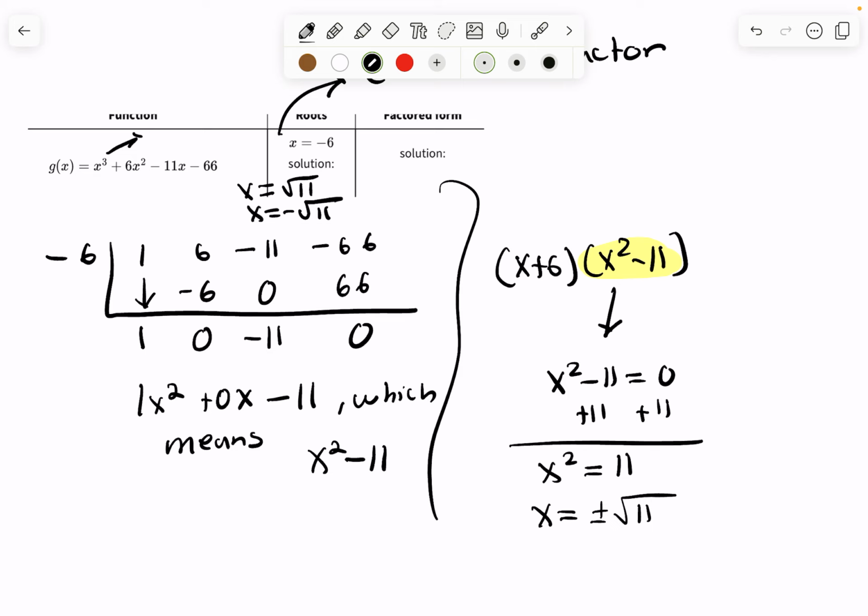And if you want to write your answer in factored form, it's x plus 6, x plus root 11, and x minus root 11. And I don't know if you know this by now, but square roots always come in pairs. So that's where we're getting that plus and minus. And that's it for this problem.